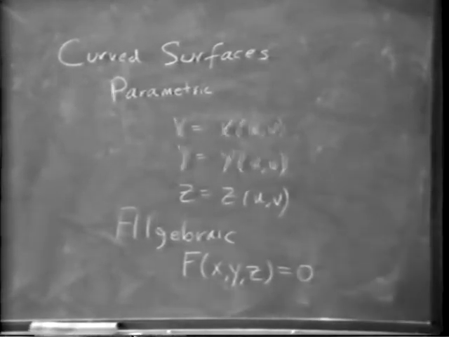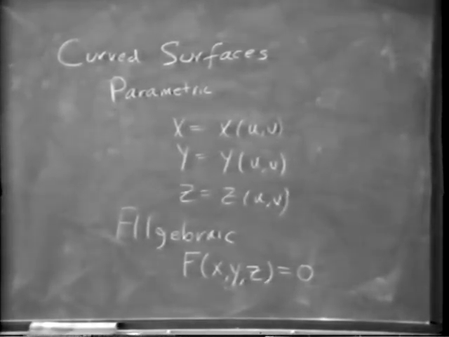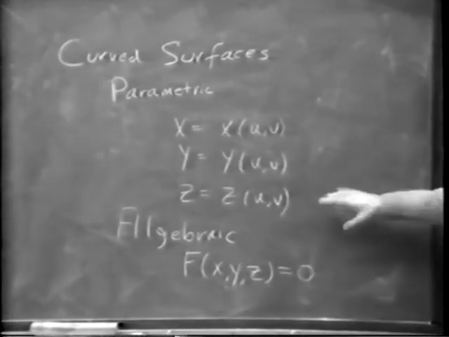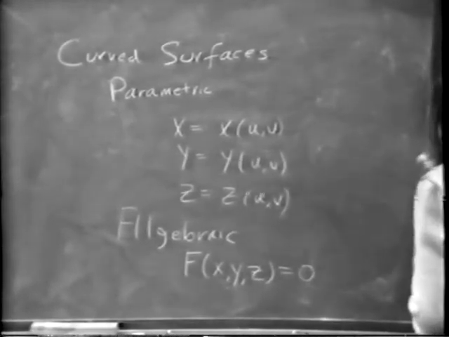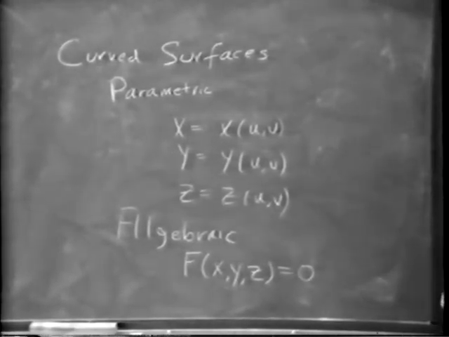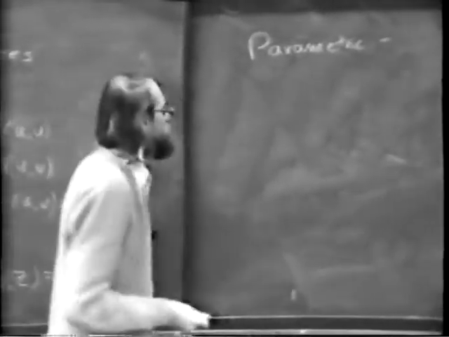Now, in each of these cases, the parametric and the algebraic, the mathematical form itself happens to make certain geometric operations convenient and certain other geometric operations inconvenient. And they're kind of inverses in this sense. For parametric curves, it's fairly easy to make line drawings of these things.